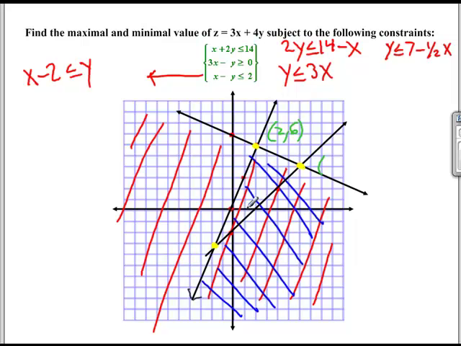This one is (6, 4). And our last vertex is negative 2, comma, 1, 2, 3.